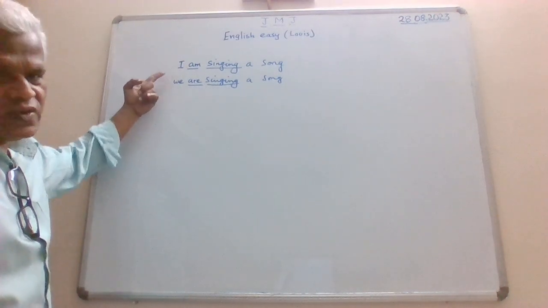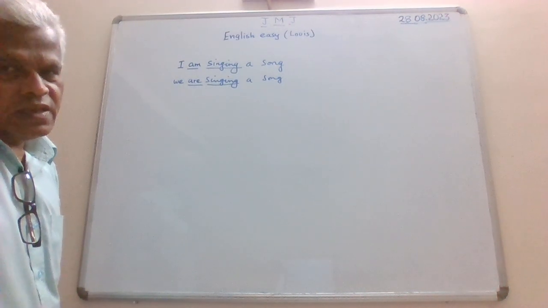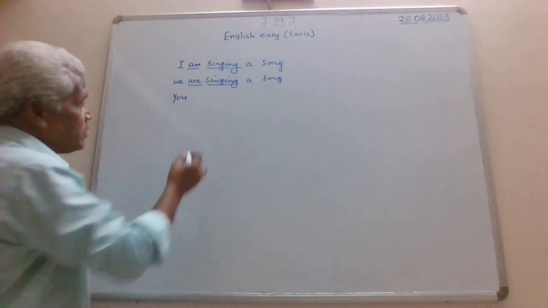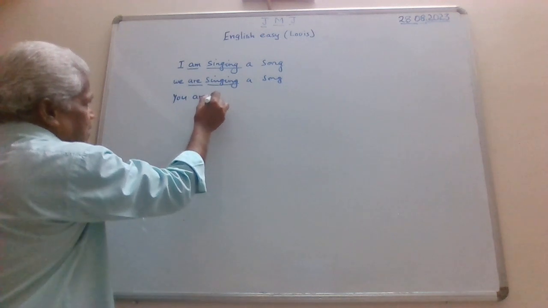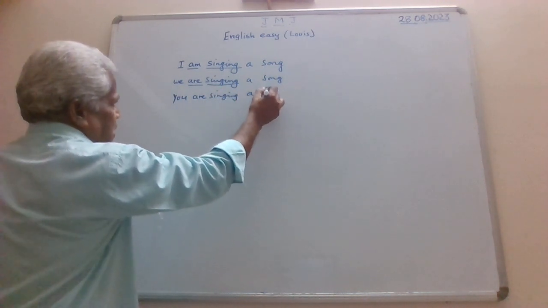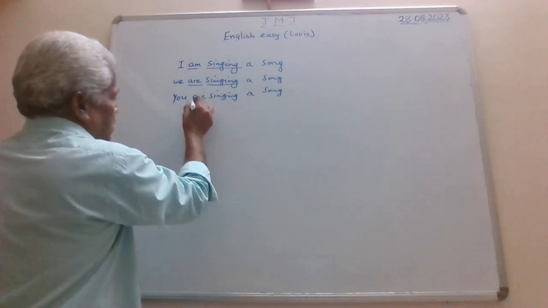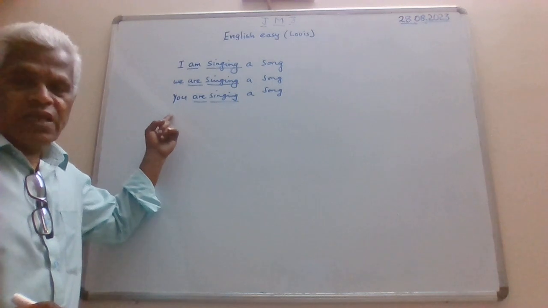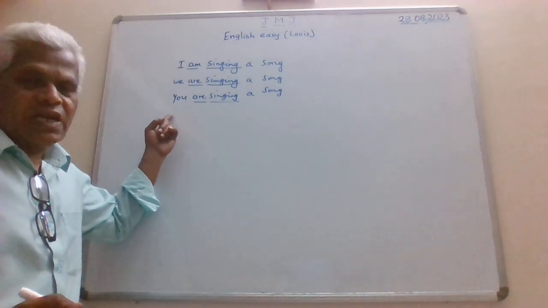First person singular, first person plural. Then similarly, second person, you are singing. You are singing a song. Are singing. I am not going to write another you, referring to plural, and that is understood.